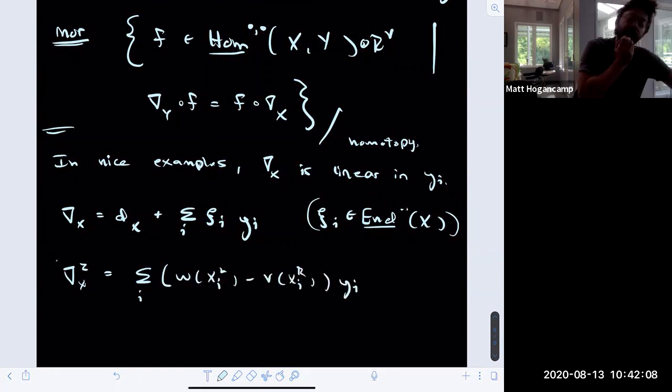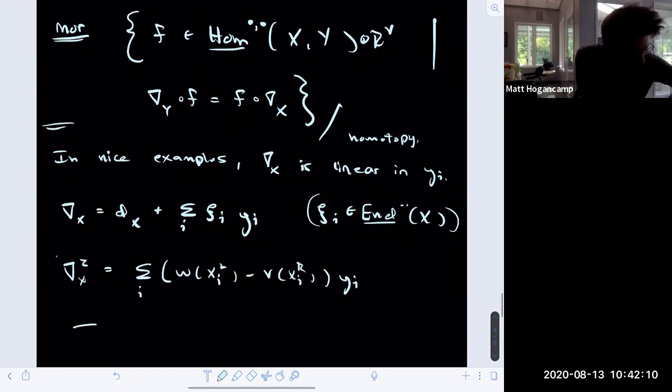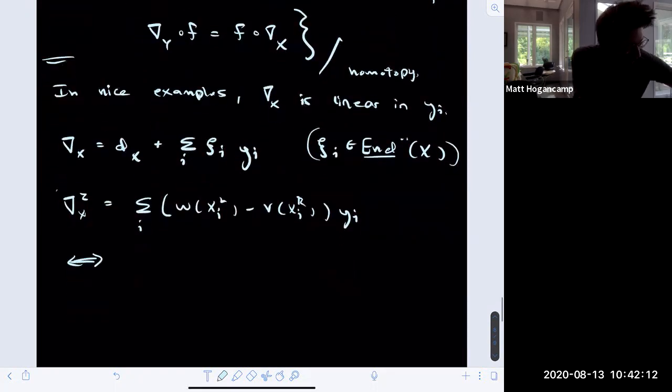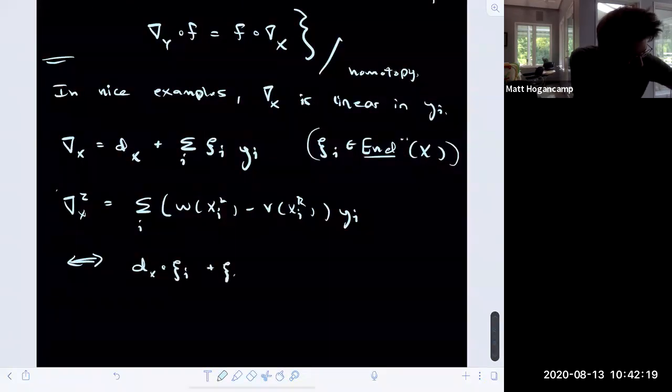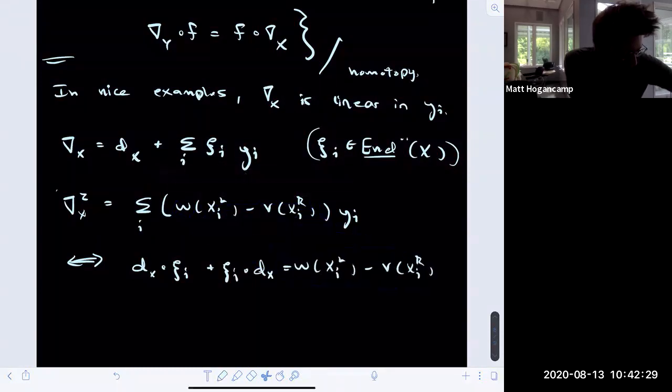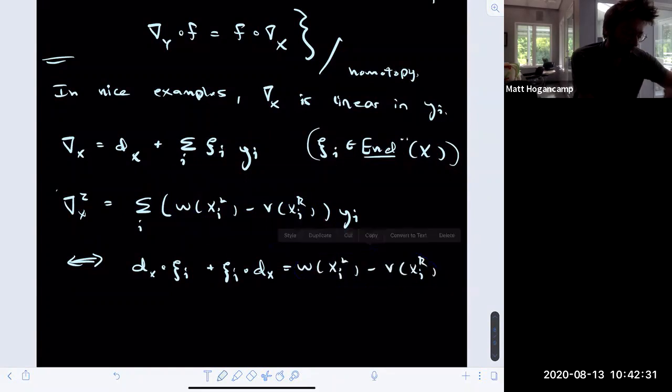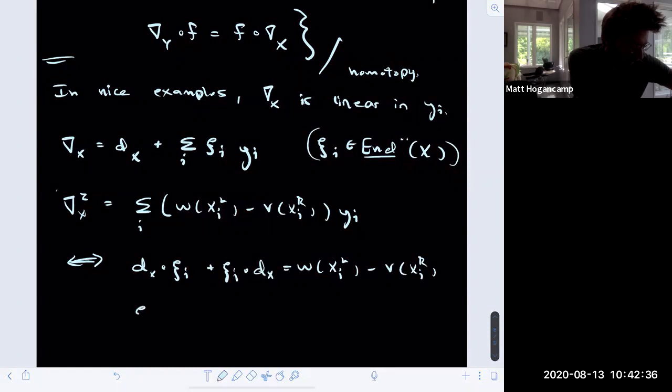This equation is equivalent to the statement that each one of these c_i's is a homotopy for that expression, and the c_i's anti-commute and square to 0.